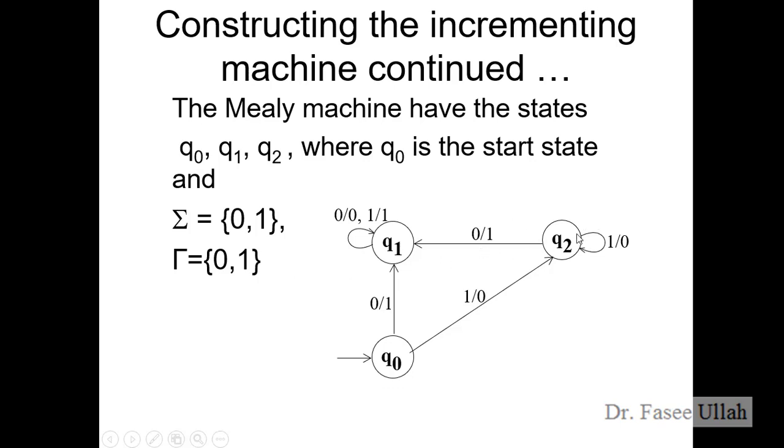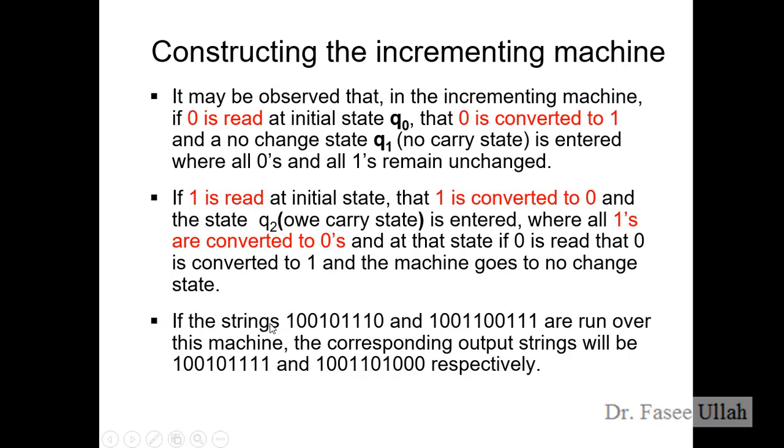So for this purpose, if the strings are like 100101110 and 1001100 and 3 times 1 are 1, then our machine gives the corresponding output string, this and this. So how did we do such activity?